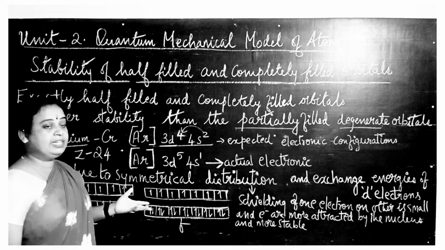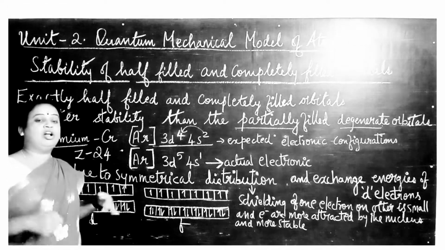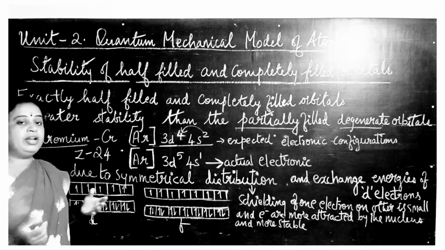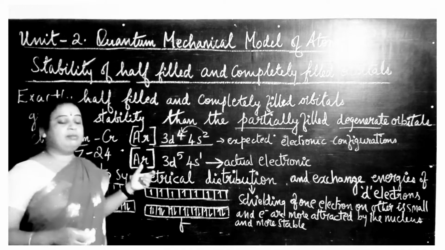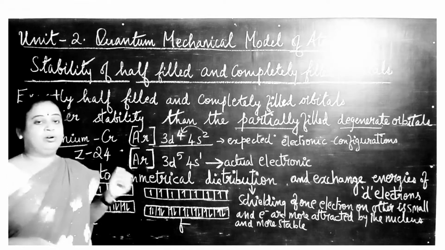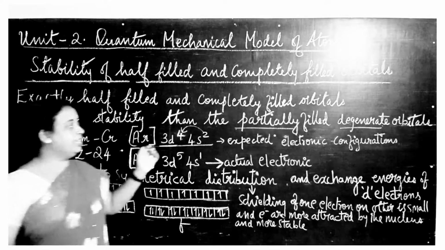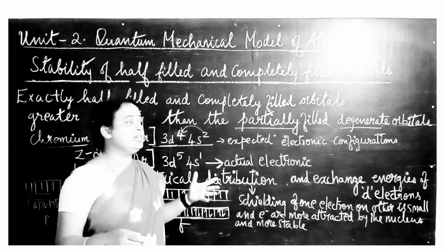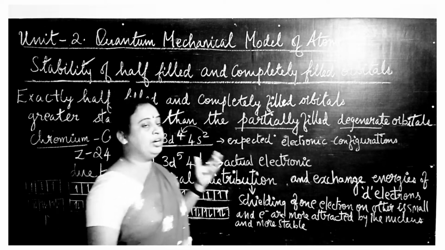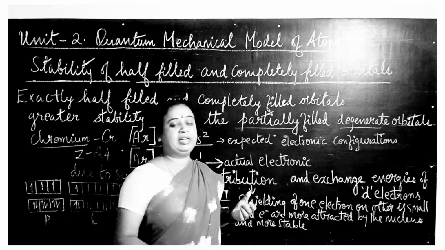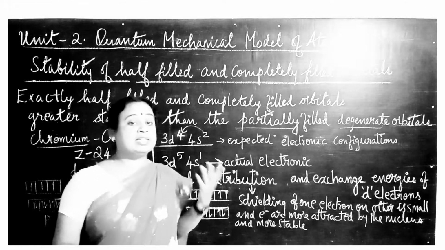Got it? That is nothing but your symmetrical distribution. Symmetry always leads to stability. When electrons are distributed symmetrically, then the stability is more in that atom. Whereas when the orbitals are partially filled, when there is unsymmetrical distribution of electrons, that leads to instability.